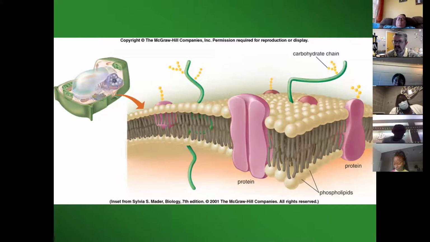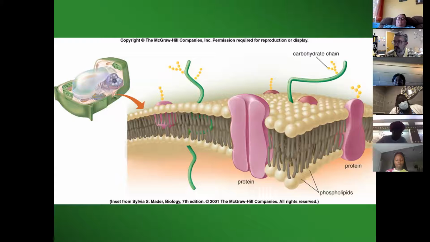So what it does is it causes a barrier for things to cross into your cells or out of your cells, which is a good thing because you want the stuff to stay in the cell where it's supposed to be, right? And you want things that shouldn't get in the cell to stay outside. And that barrier of hydrophobic area makes it difficult for things to get through.